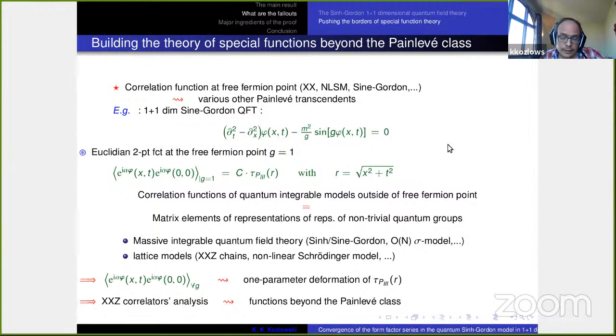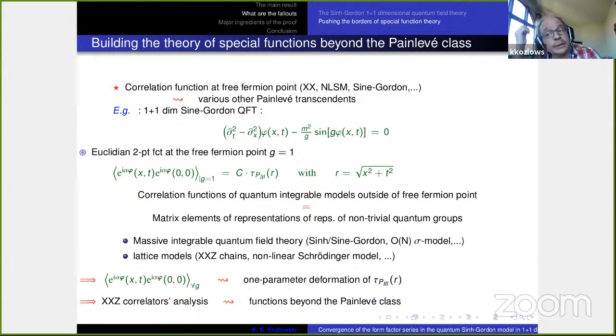And now, what is actually a quantum integrable model? Well, it's realized as a representation of a quantum group, and correlation functions in this model are nothing else than taking representations of the quantum group and computing their matrix element in some vector of the representation space.